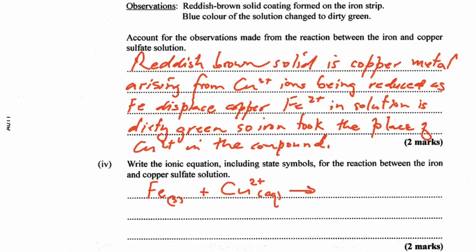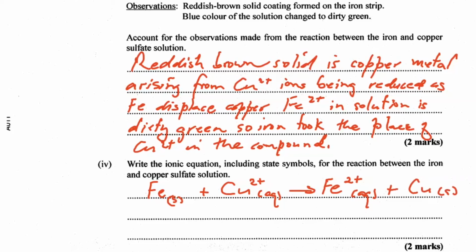So we would end up with Fe2+ aqueous plus Cu, which is a solid. All right, so that's our final answer. Now, where is this coming from? We always show how we arrive at this.